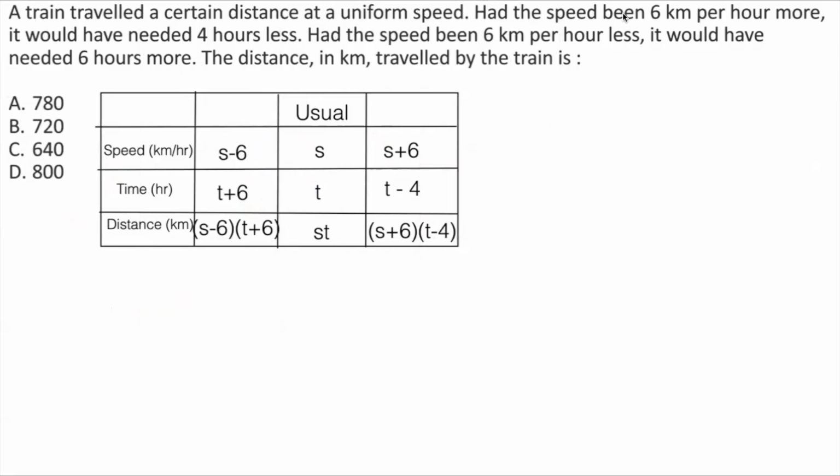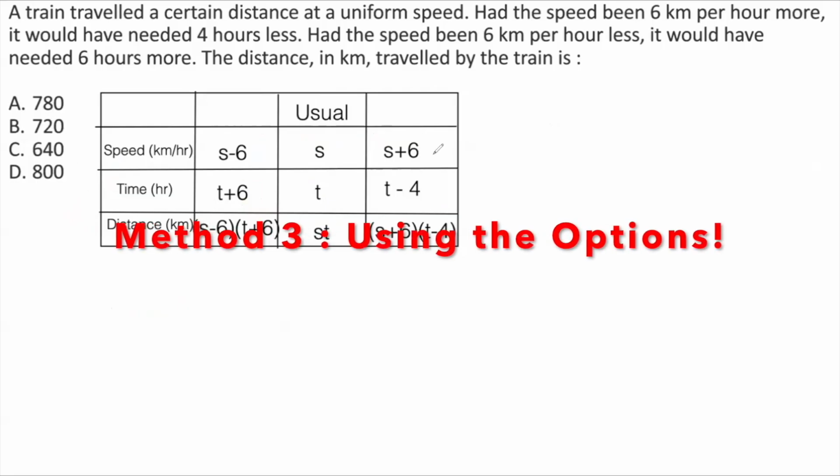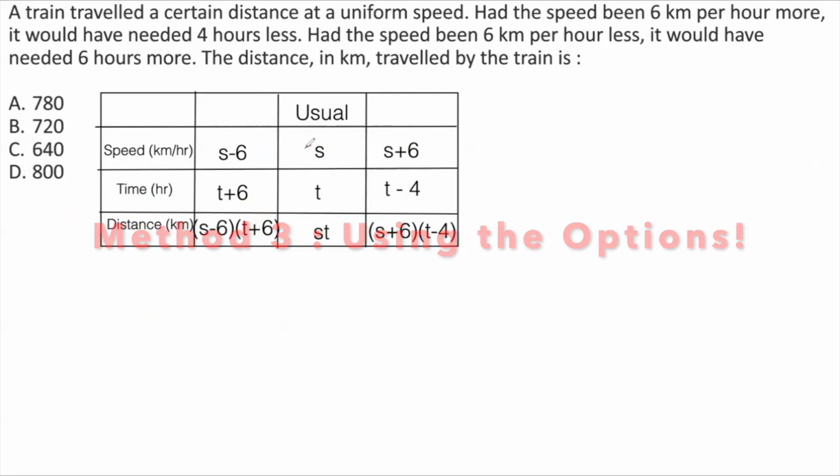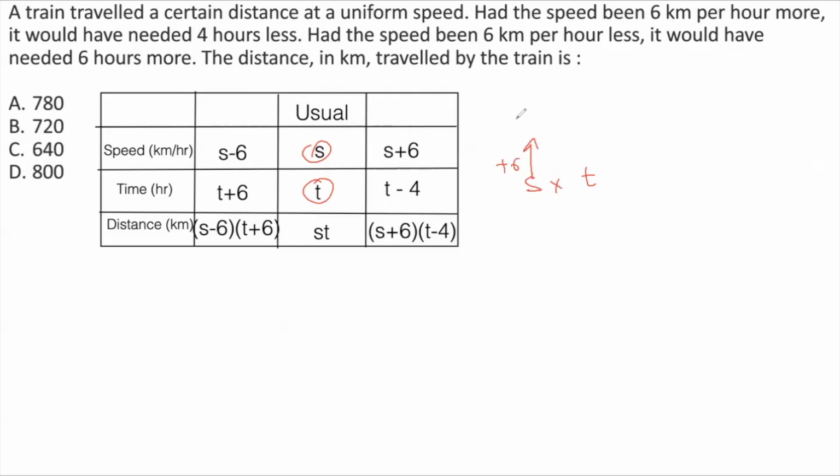And now coming to the last and the best way of answering the question, which is to use the options. Your answer should be of the form s into t, the product of two numbers, such that when s is increased by 6 as per the question, s + 6, t will reduce by 4, it will become t − 4.